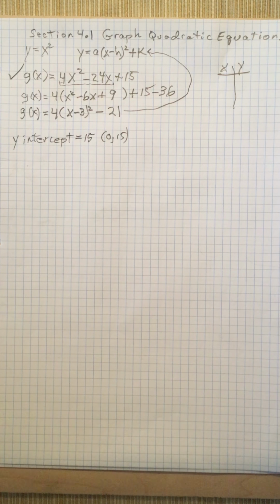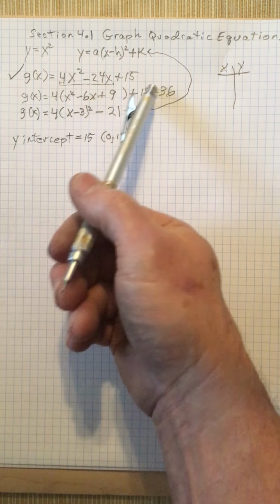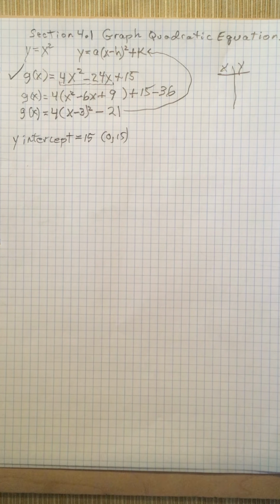Okay, what about the vertex? We know what we're going to have to do here to calculate the x-intercepts. We'll probably be using the quadratic formula. But let's get the vertex first to make sure that we have x-intercepts.